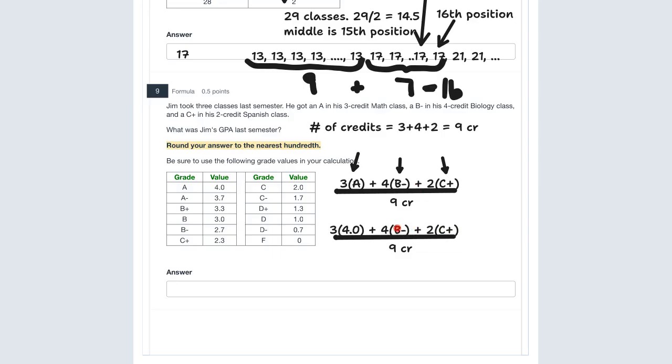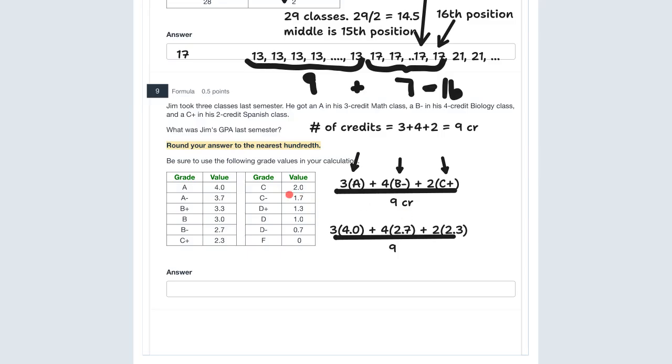I'm going to replace this B minus here with a 2.7. And then I'm going to replace that C plus with a 2.3. And then I'm going to divide this whole thing by 9.